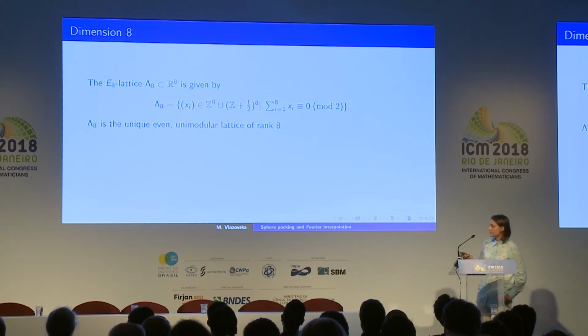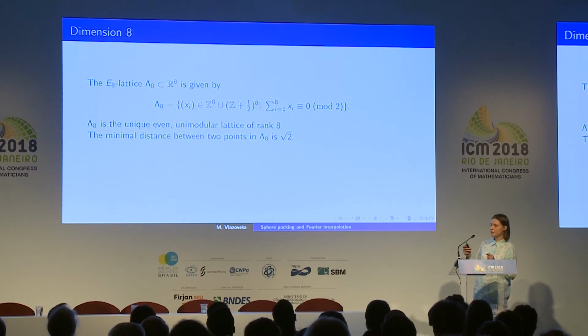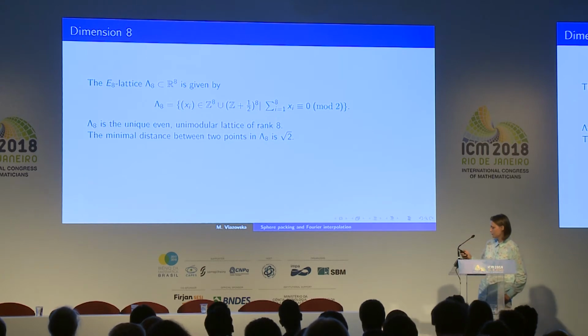The E8 is the unique even unimodular lattice of rank 8. Since it's an even lattice, the squared distance between any 2 points is an even number. It means that the minimal distance is square root of 2.